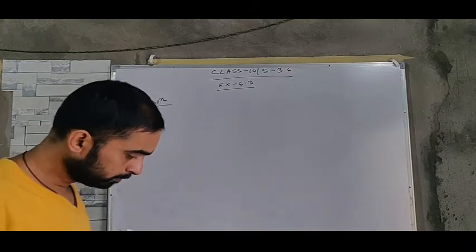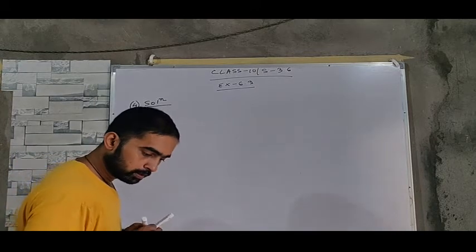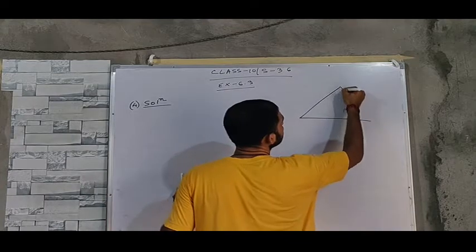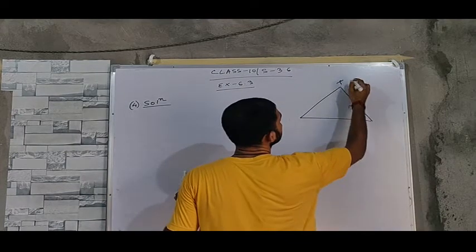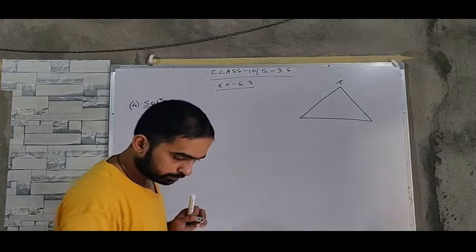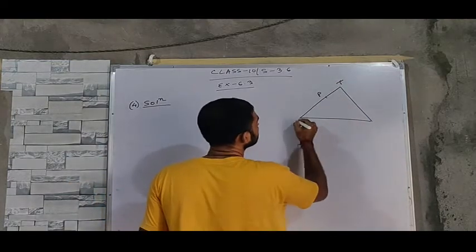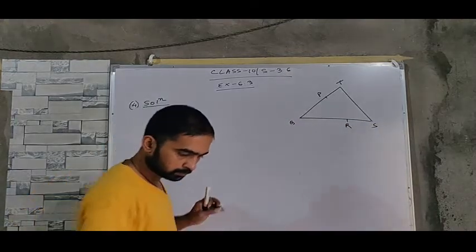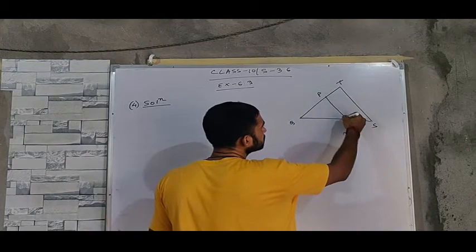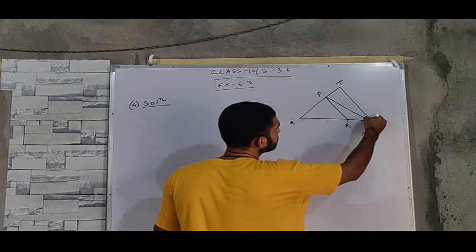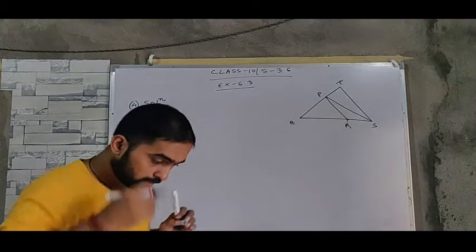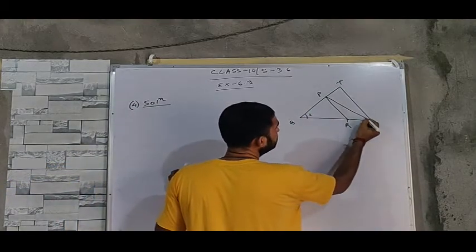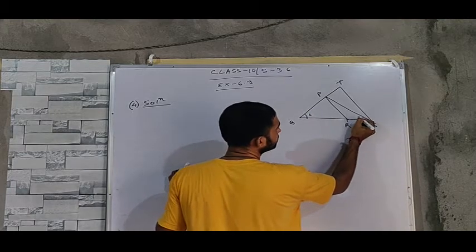Question number 4. Diagram is given. TQRS. Angle 1 equal to angle 2.